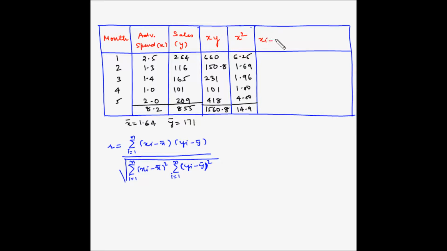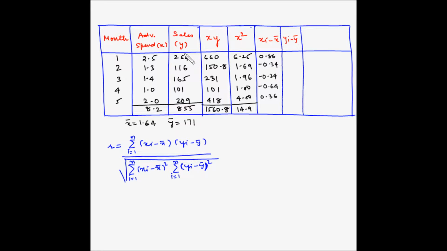So for the first one, 2.5 minus 1.64 is 0.86. Next is 1.3 minus 1.64, this is minus 0.34. Then next is minus 0.24, then minus 0.64, and 0.36.